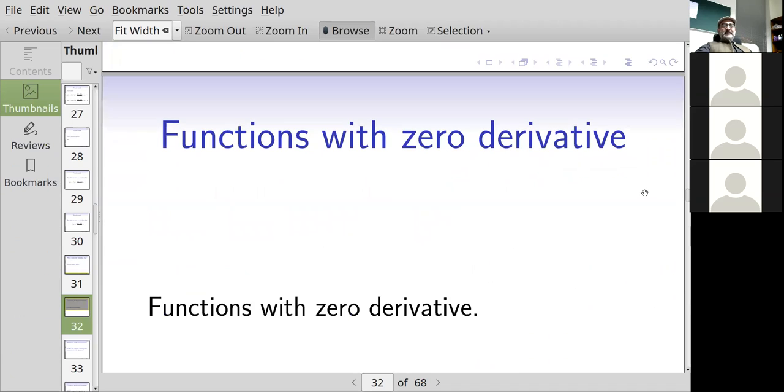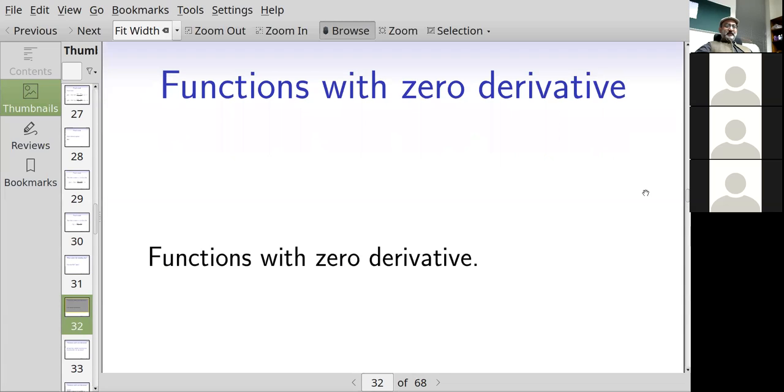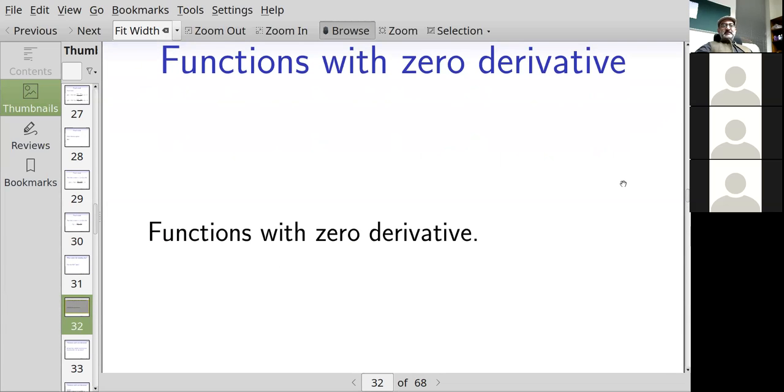One of the applications of the mean value theorem is that it tells us something about functions with derivative 0. So far, the functions that we've seen with derivative 0 are what kind of functions? What sorts of functions, when we take their derivative, give us 0?